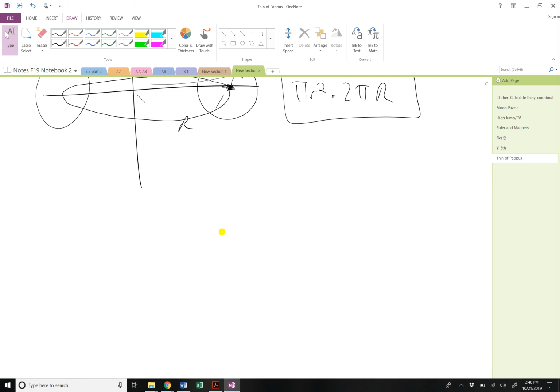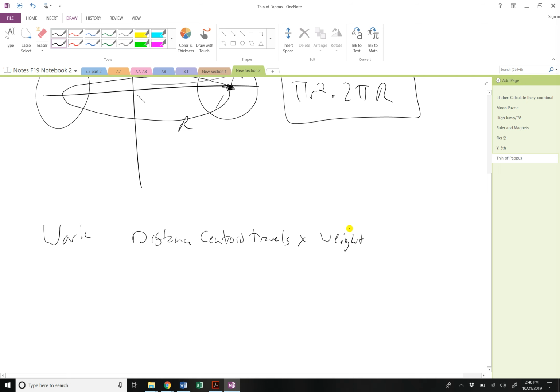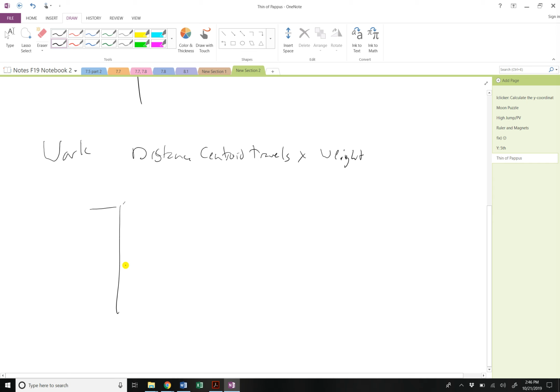Well, what about work problems? You can simplify work problems if you know where the centroid is, by multiplying the distance the centroid travels times the weight. So remember we had that hanging flag problem where we had a 100-foot flag that weighed 2,000 pounds.